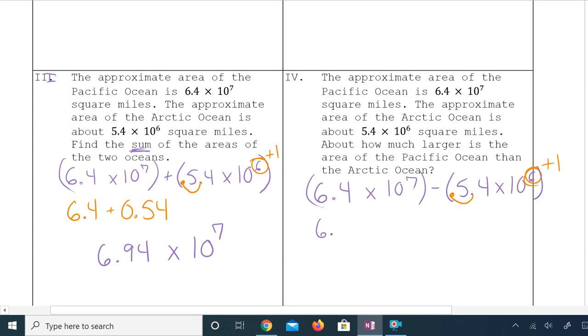So then we have 6.4 minus 0.54, which gives me 5.86, and then times 10 to the 7th. And that's how much larger. Be aware that I'm not asking how many times larger. I'm only just asking how much larger is the area of the Pacific Ocean.